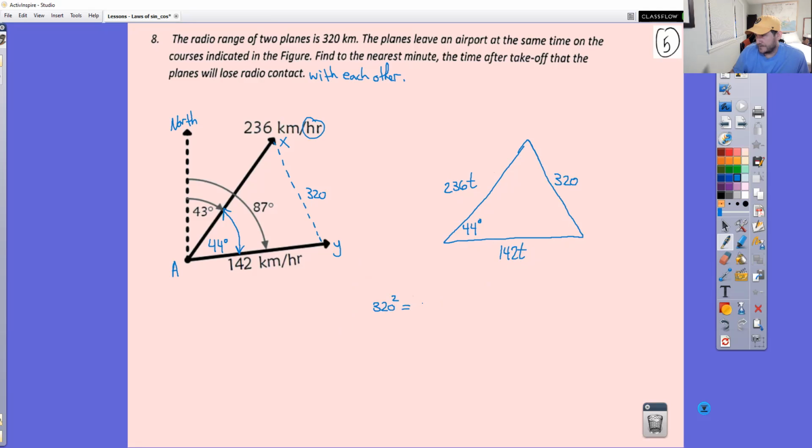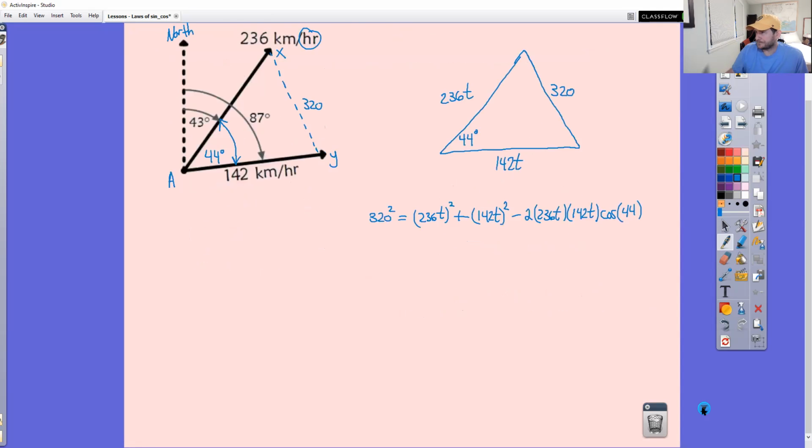It'll have to be equal to (236t) squared plus (142t) squared minus 2 times 236t times 142t times the cosine of 44. Okay, so to be smart about this, this is going to give us a t squared, this will give us a t squared, and a t times a t is going to be a t squared. So something you might want to do right away is factor out that t squared.